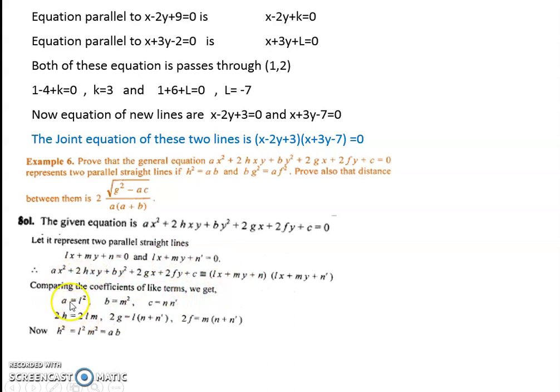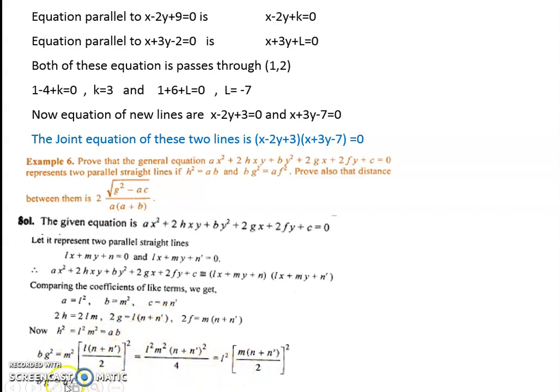Comparing the coefficients, I got a, b, c, h, g and f. So h square is equal to L square m square, and L square m square is equal to ab. So bg square is equal to b, meaning m square, and g meaning L into n plus n dash by 2, whole square.